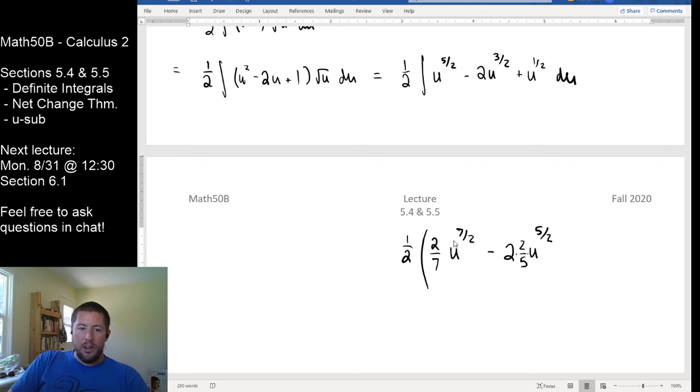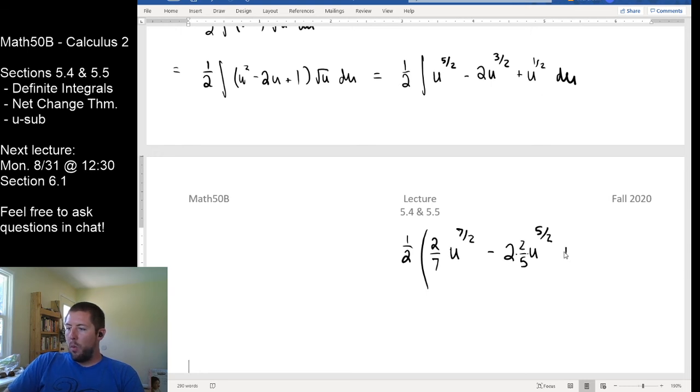And just notice that all we're doing is just picking out these reciprocals, right? All of my math here was just 5/2 plus 1 is 7/2. The reciprocal of 7/2 is 2/7. So that must be my constant multiple that I need to undo my chain rule right there. Our third term is u to the 1/2.